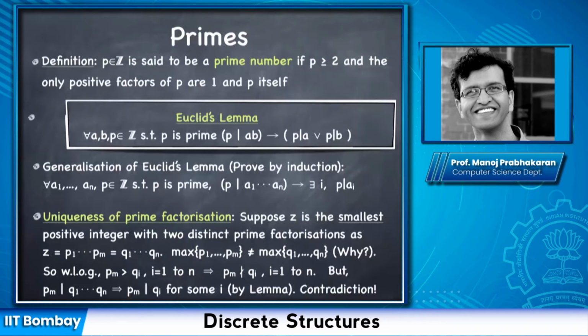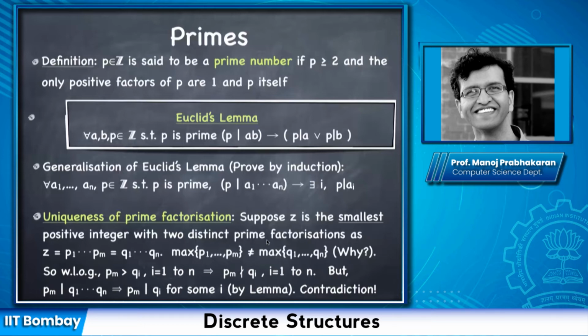However, our lemma just now said that since pm divides z and z equals q1 to qn, pm has to divide some qi. So that's a contradiction. Here it said pm doesn't divide any of these qi, and the lemma told us that pm has to divide some qi. So that's a contradiction starting from the assumption that there is a non-empty set of integers which have two distinct prime factorizations. So that's it.